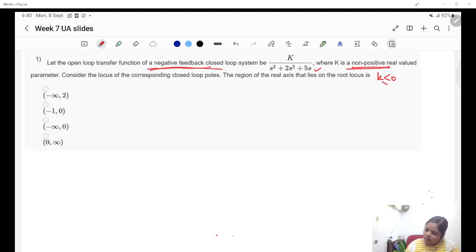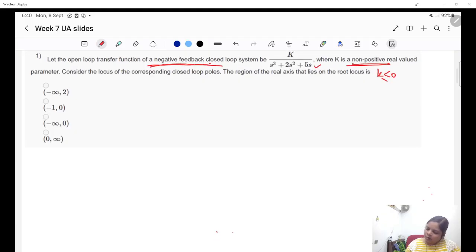Okay. So consider the locus of the corresponding closed loop poles. The region of the real axis that lies on the root locus is what? That is what we are supposed to define. So for this, first let's identify the zeros and poles of this open loop transfer function.